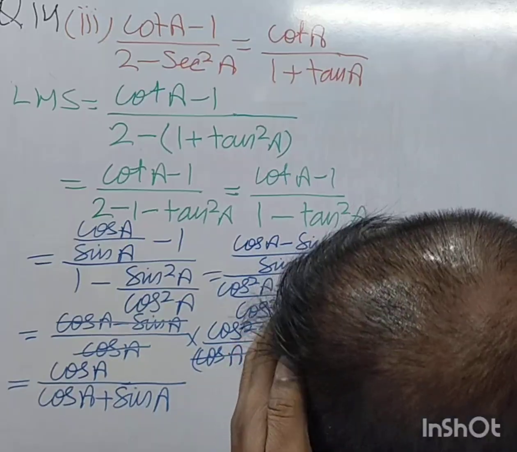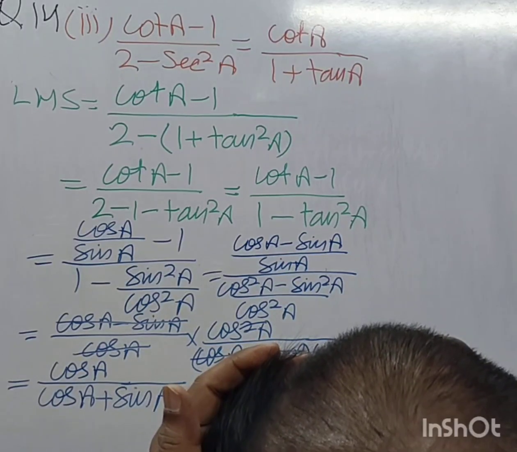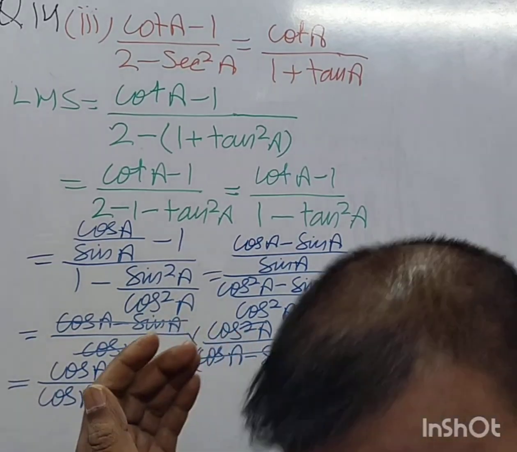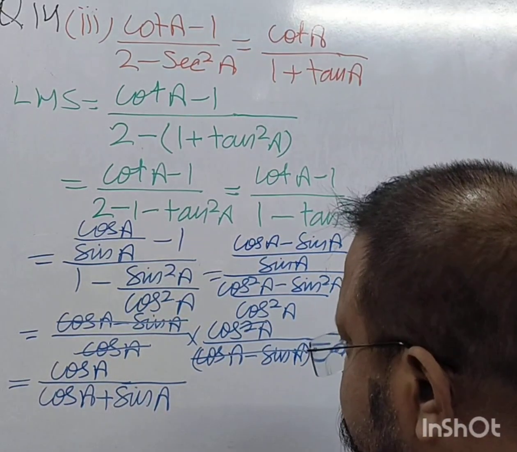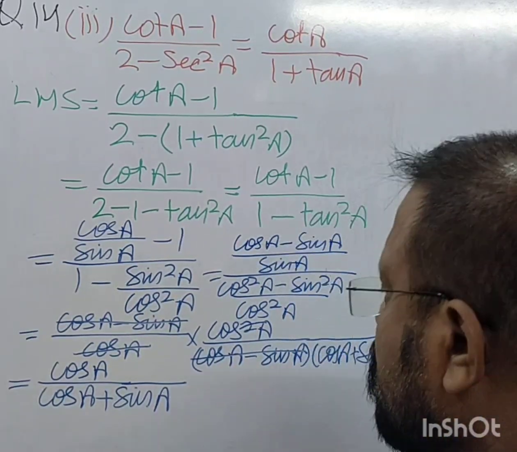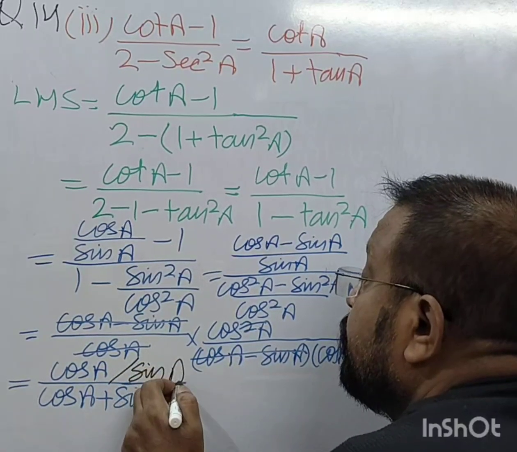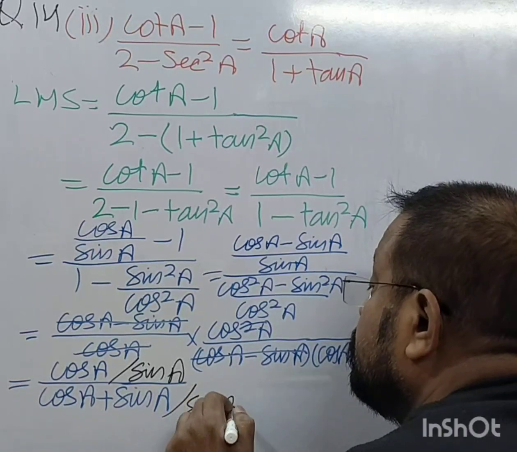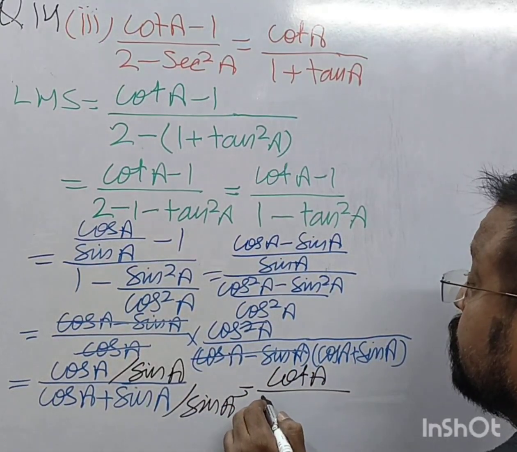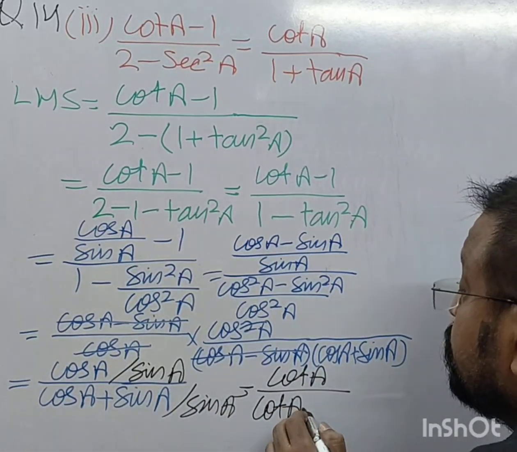What you will do now? If we divide both by sin A, so it becomes cot A bracket cot A plus 1.